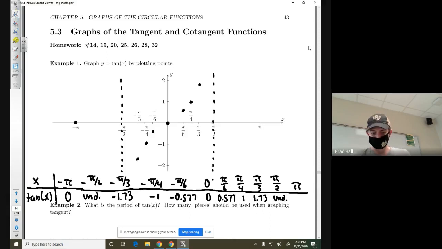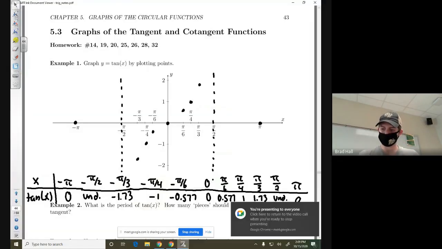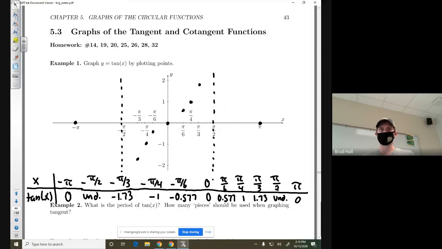And pi gives us 0. Okay, so this is pretty interesting. We have all these dots seemingly scattered in some arbitrary manner.